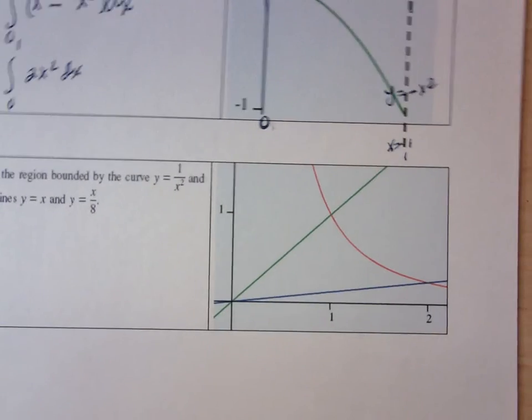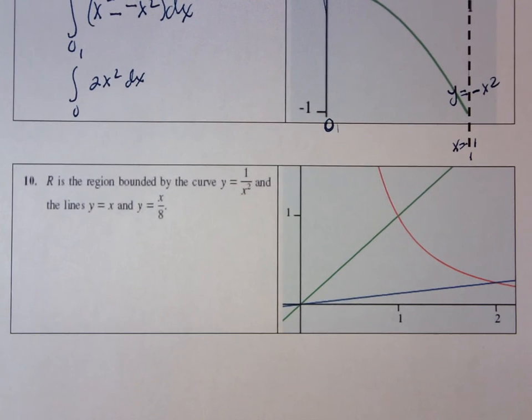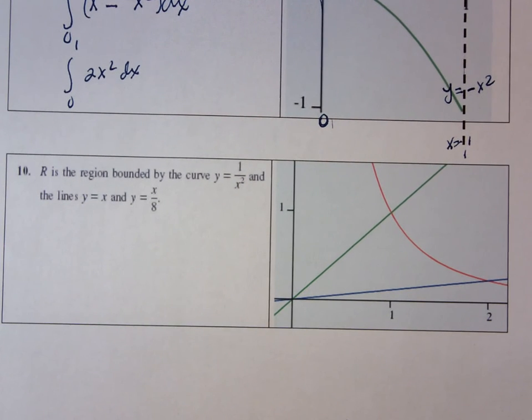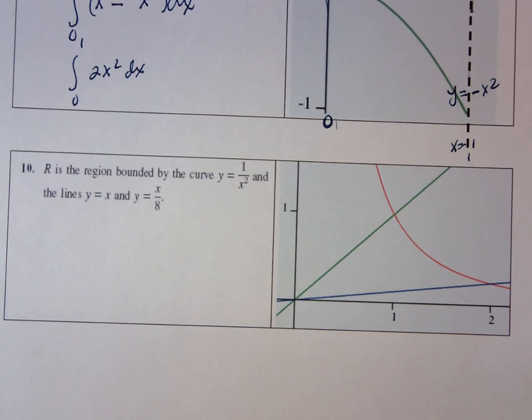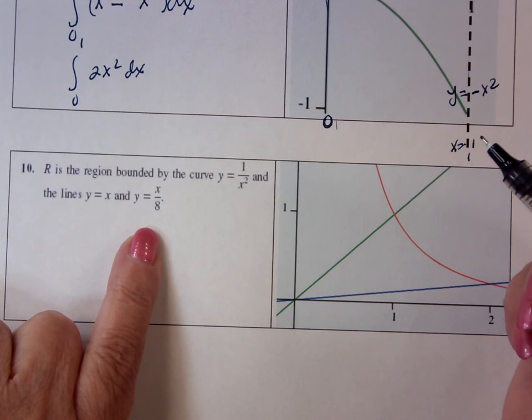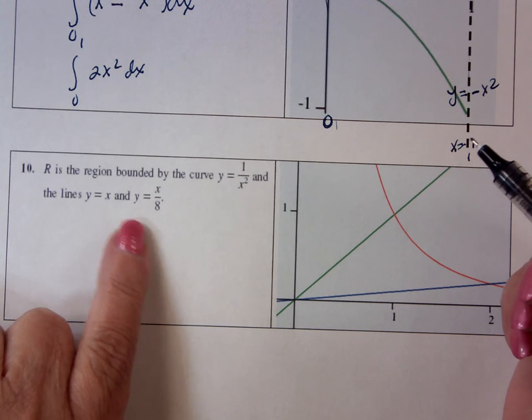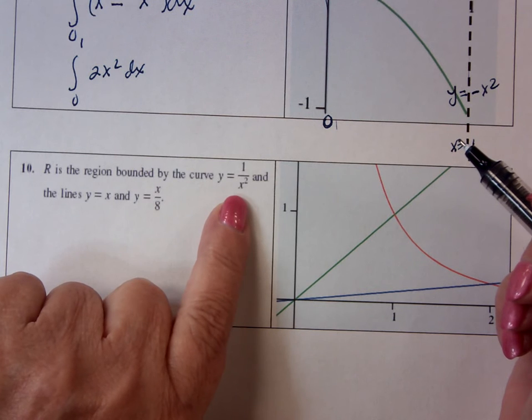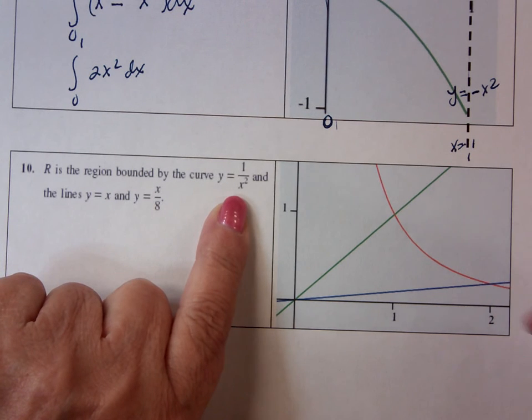Now this is the one that's exciting, and I'm glad that I printed this out in Technicolor so you can see. How many lines do I have? How many graphs? 3, right? I've got a straight line, and it's bounded by the curve 1 over x squared.